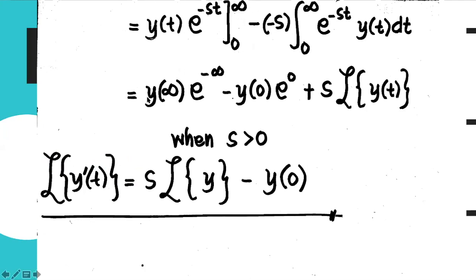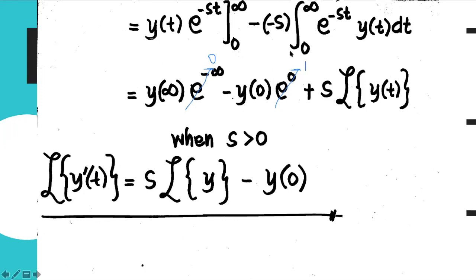So y of infinity times e raised to negative s times infinity, that is e raised to negative infinity, which, if you remember, is 0. And then we apply the lower limit. So y of 0 times e raised to negative s times 0, so e raised to 0 is equal to 1.